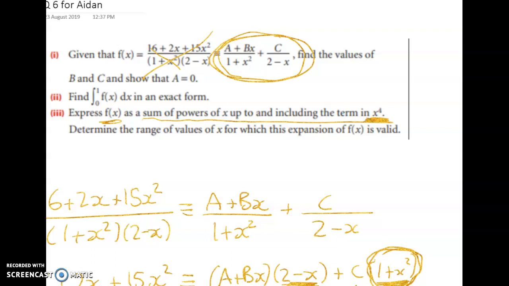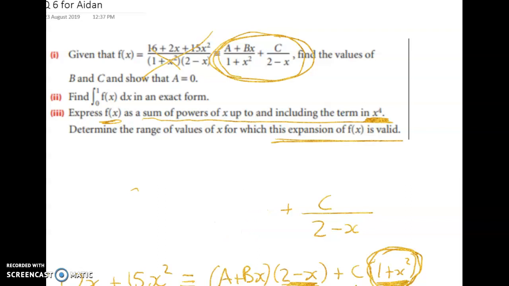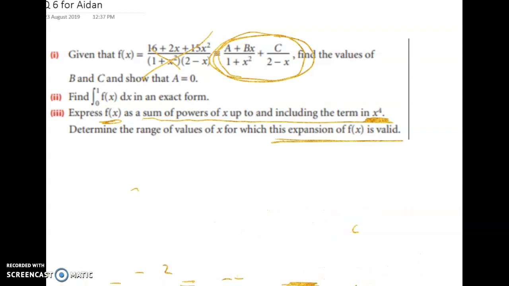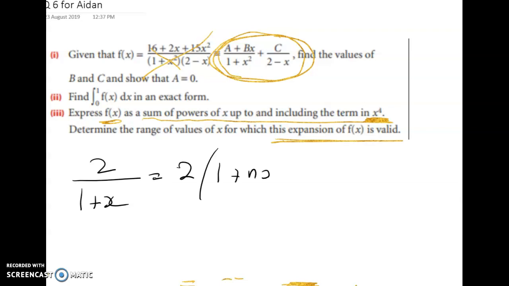To determine the range of values for which it's valid, I can do that before I get started, right? So remember that binomial expansions work. Let me just get some space here. So your simplest binomial expansion, say we had 2 over 1 plus x, and we want to do this: 1 plus nx plus n times n minus 1 over 2 factorial.